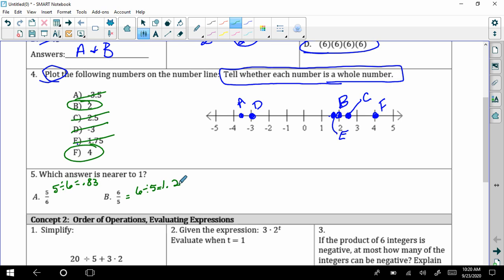So now I need to find out the distance from 1. Distance means absolute value. So absolute value of 1 take away 0.83. Well, 1 take away 0.83 ends up being 0.17.